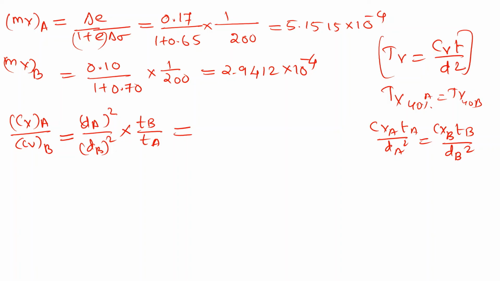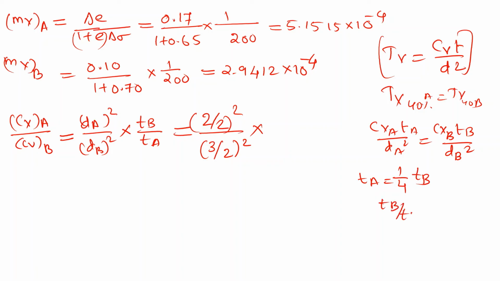We are assuming double drainage, so we take thickness 2 by 2 for A, whole square, divided by thickness of B, 3 by 2, whole square, into tB by tA. Since the time required for A is 1 by 4th of that for B, tB by tA is 4 by 1, so it will be 4.